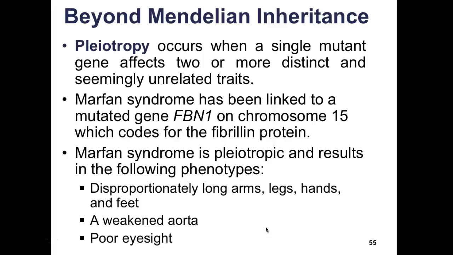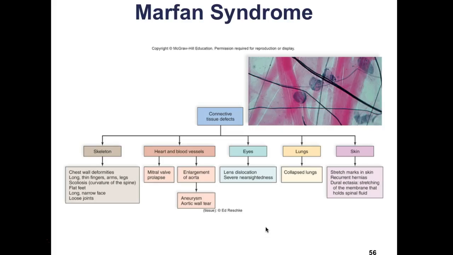Marfan syndrome is pleiotropic and it results in the following phenotypes. You get disproportionately long arms, legs, hands and feet. You also get a weakened aorta and poor eyesight. If you look at Marfan syndrome here, you get connective tissue defects.